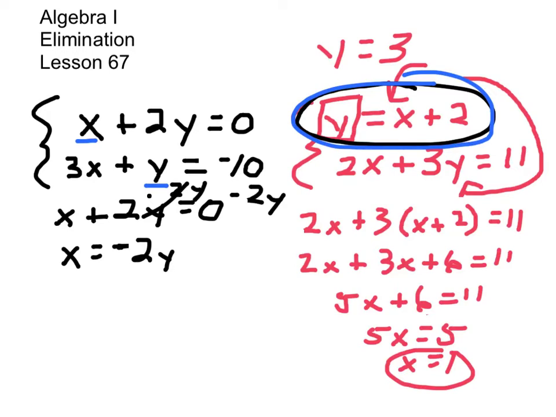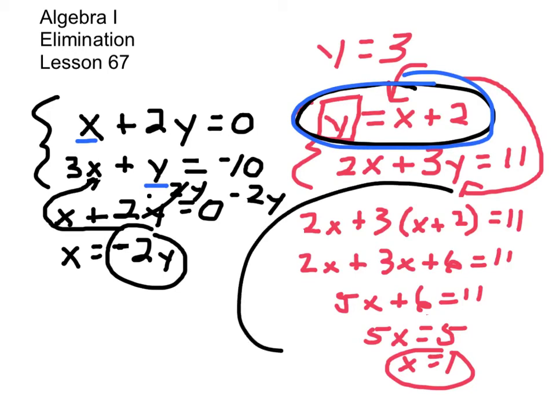So what I have is x is negative 2y. Now I can substitute negative 2y right into the second equation and do the same thing as what I did over here. And anyway, that is a kind of background on substitution.